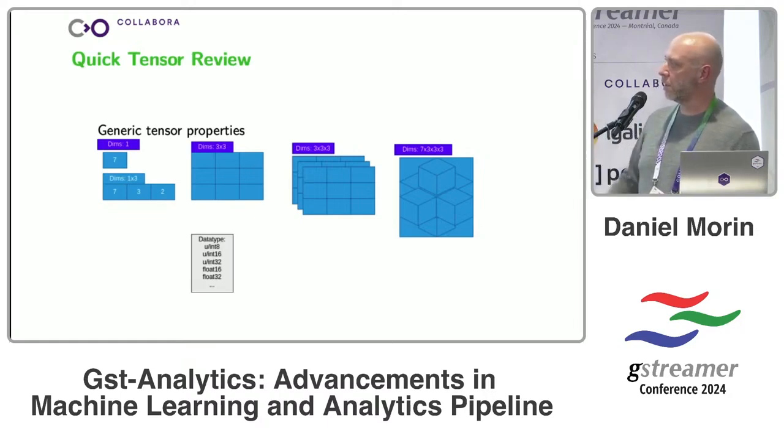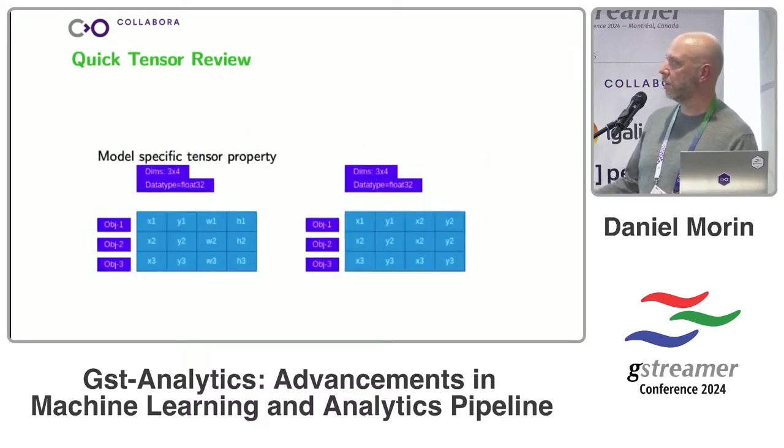We can think of an audio stream, then a matrix like a grayscale image, next a color image, and high-dimensionality tensors, which are more used in the neural net world, and the data type. Those are the generic properties of a tensor, and this information needs to be known by the tensor decoder to be able to interpret the results.